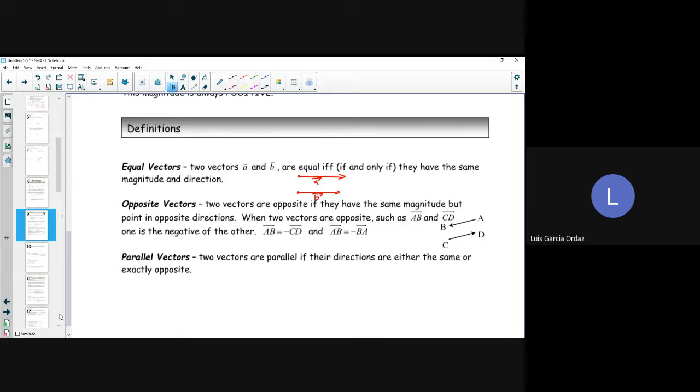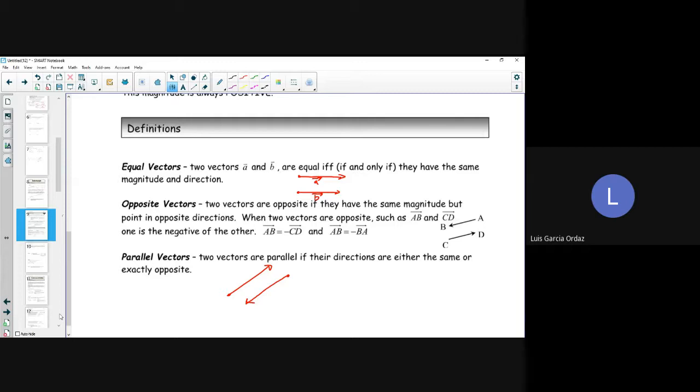So for parallel vectors, two vectors are parallel if their directions are either the same or exactly in the opposite directions. So I can have one vector starting from here to here, but it can also be parallel if I draw it the opposite direction as well. They are parallel, but they are moving in opposite directions.